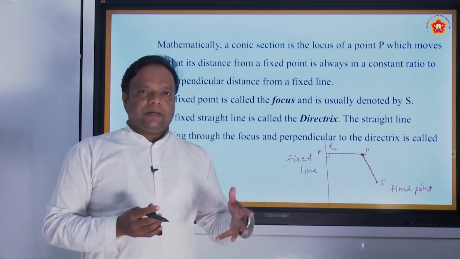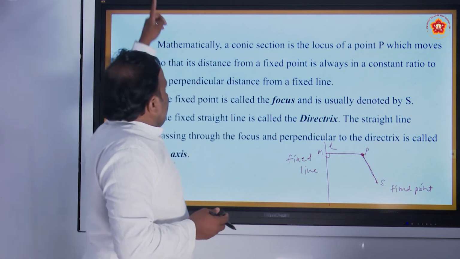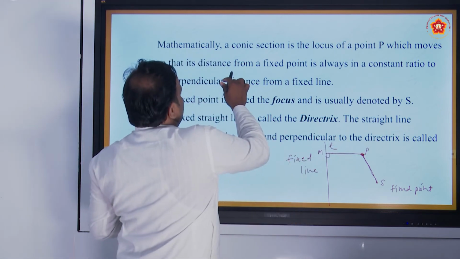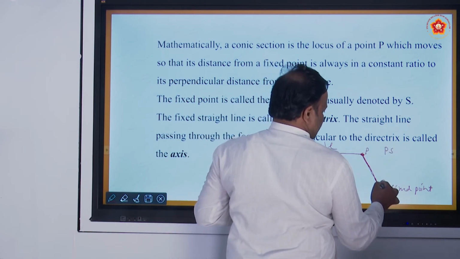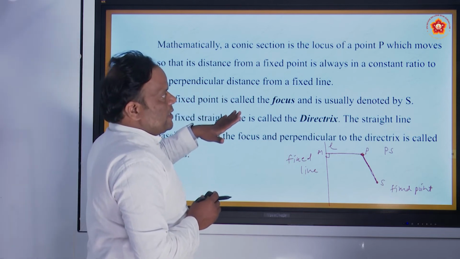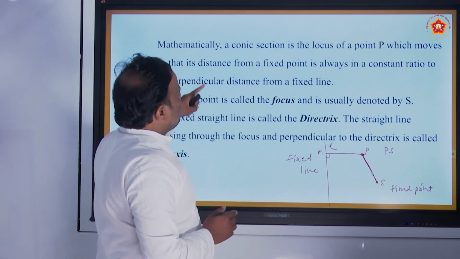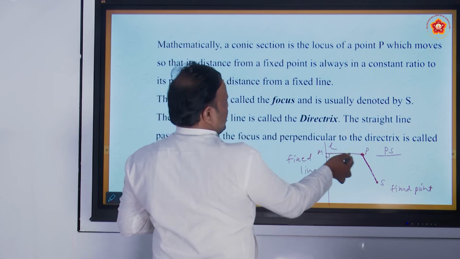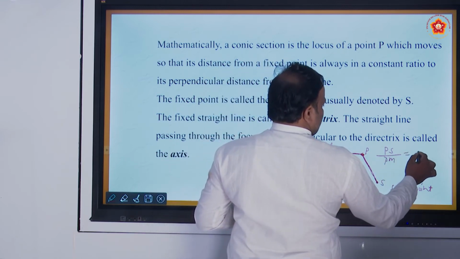Mathematically, a conic section is the locus of point P, which moves so that its distance from the fixed point, PS, is always in a constant ratio to its perpendicular distance from the fixed line L. This is called the perpendicular distance, and this angle is 90 degrees. PS by PM is equal to some constant.